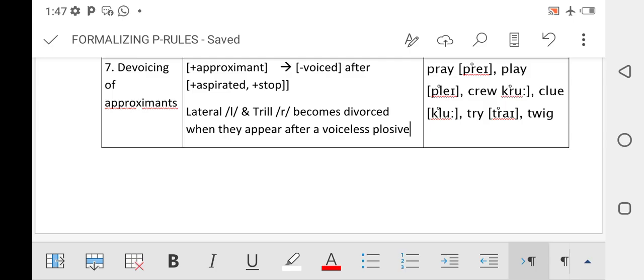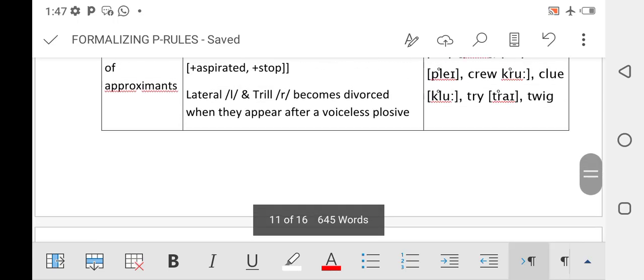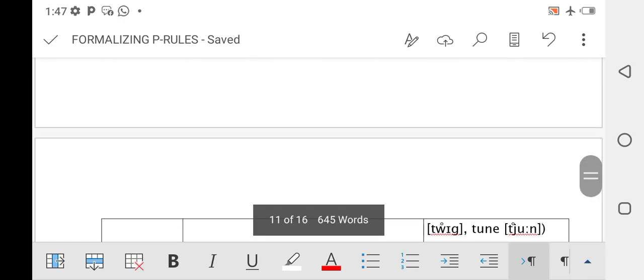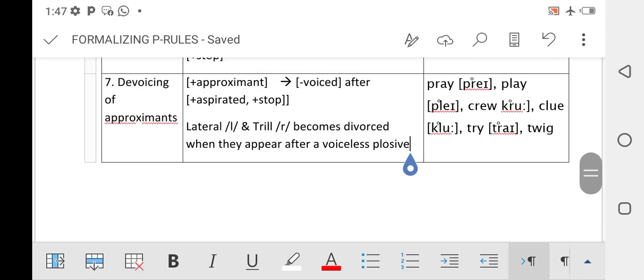The same thing happens to clue, try, twig. Twig. Okay, twig is an approximant. Okay, and tune. So it happens with both approximants, laterals, and trills. Okay, so now what you should note is that in the consonant chart, there are some grammarians that will represent r, l, w, and y as approximants.